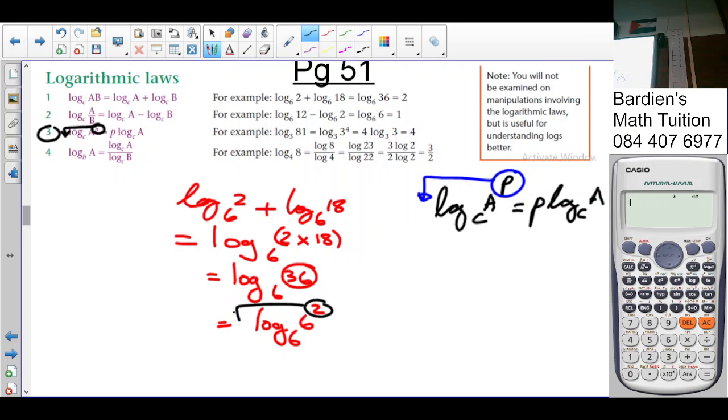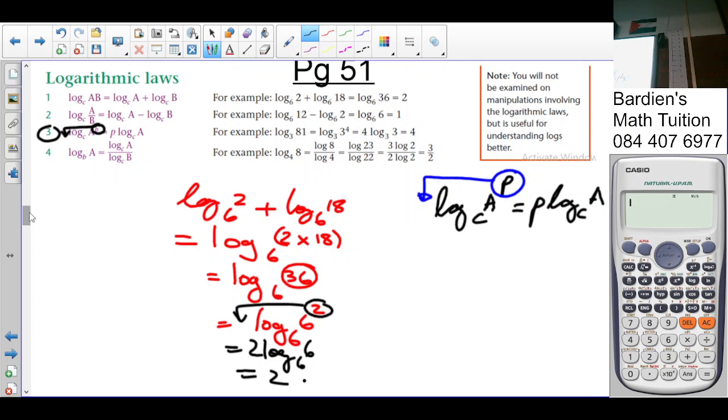That exponent can be written in front, so that's going to be 2 log 6 base 6. Now what is log 6 base 6? 1. So 2 times 1 is 2. Right, you guys understand?